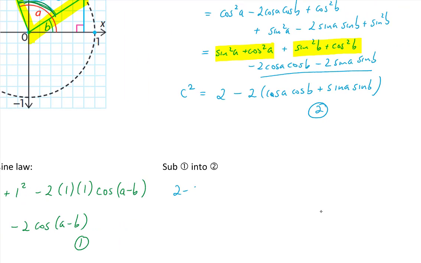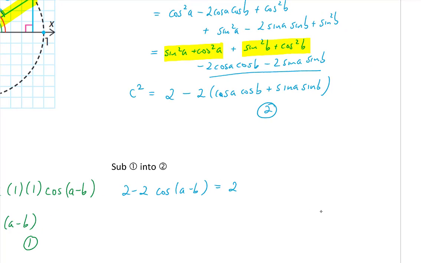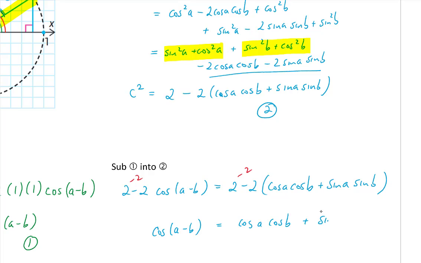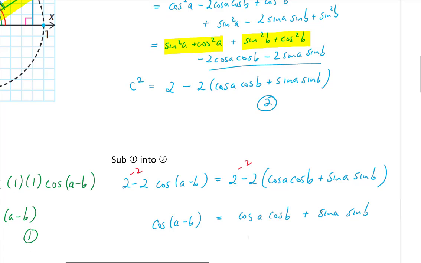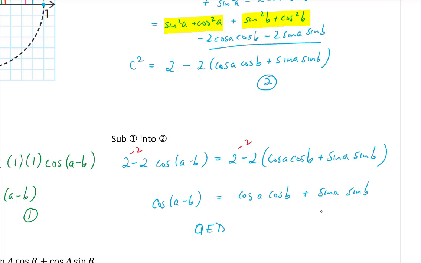Now I have the following: 2 minus 2 cosine of A minus B is equal to 2 minus 2 times the bracket cosine A cosine B plus sine A times sine B. If I subtract 2 from both sides and then divide both sides by negative 2, I end up with cosine of angle A minus B is equal to the cosine of A cosine of B plus the sine of A and sine of angle B. And we've now proven our compound angle formula for cosine A minus B.